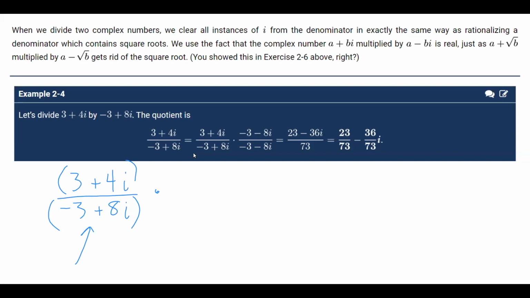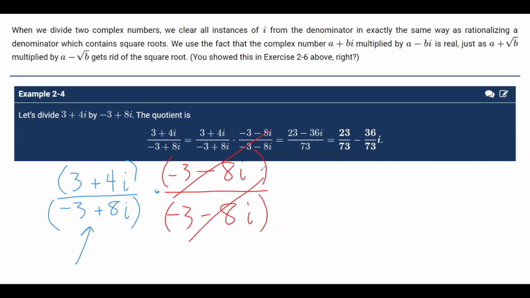I'm going to multiply top and bottom by negative 3, not plus, the opposite sign, minus 8i. If I multiply the top and the denominator by this, in essence, I'm just multiplying by 1, right? Because this would cross out to give me 1. Okay, so then you do your FOIL. FOIL on top, FOIL on the bottom.